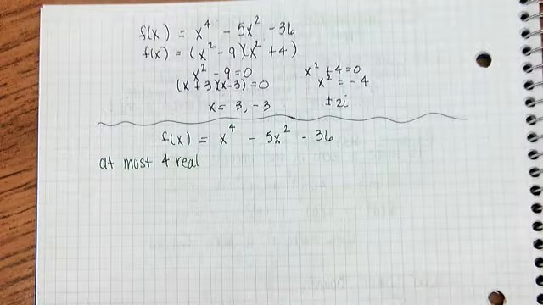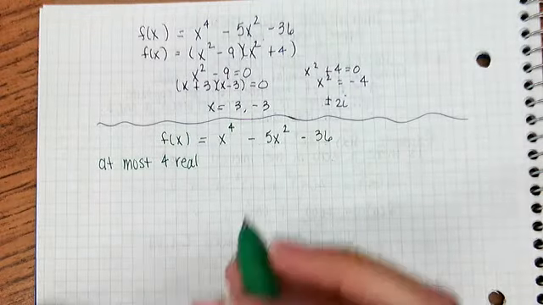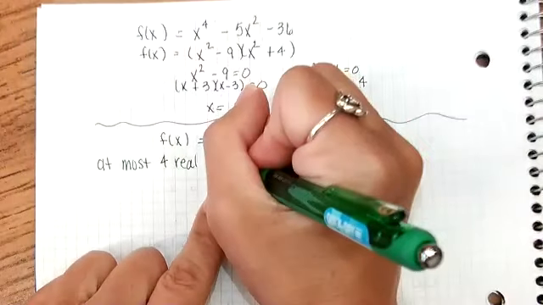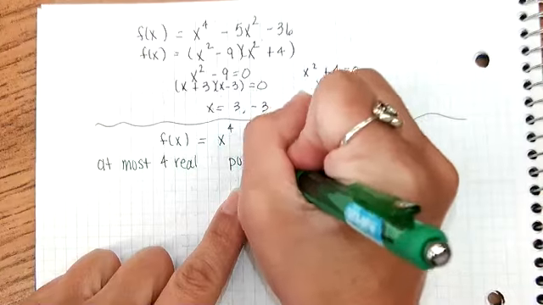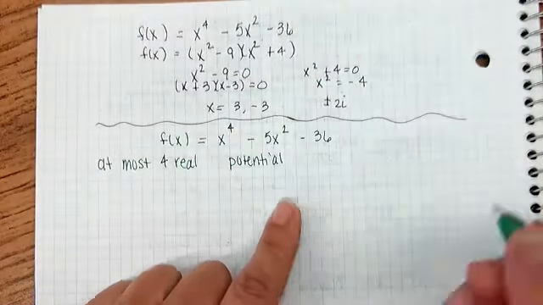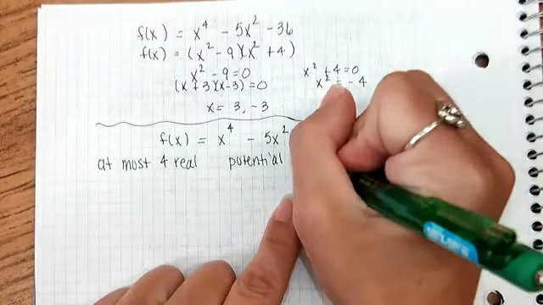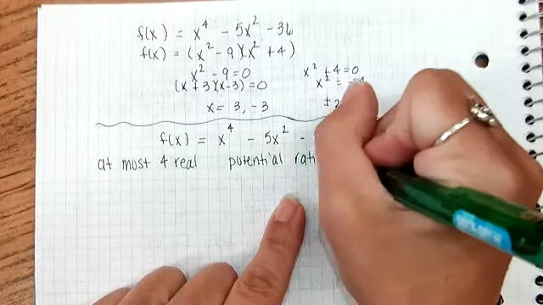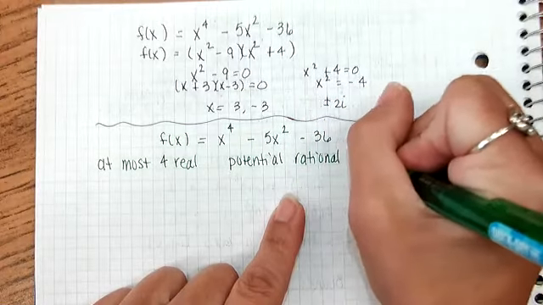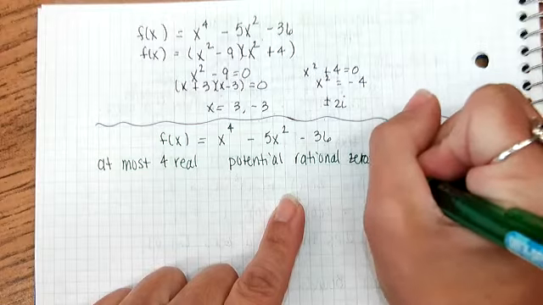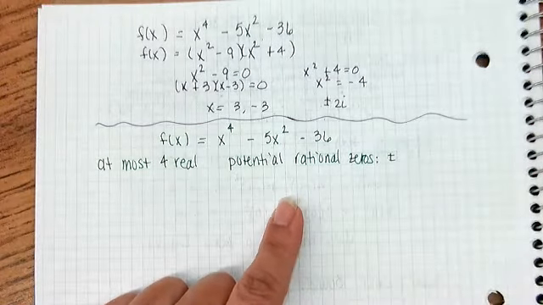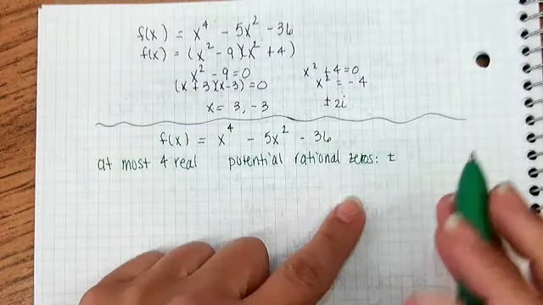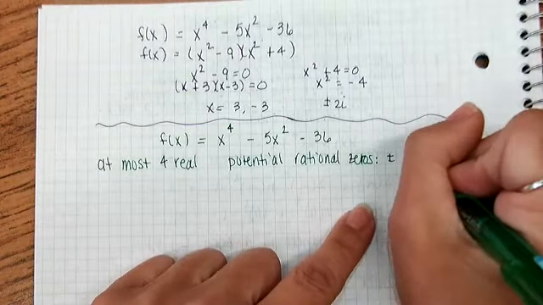Okay, I will ask you what are the potential rational zeros? So if there are rational zeros, they have to come from the P over Q list. That's the factors of P, which in this case is 36.